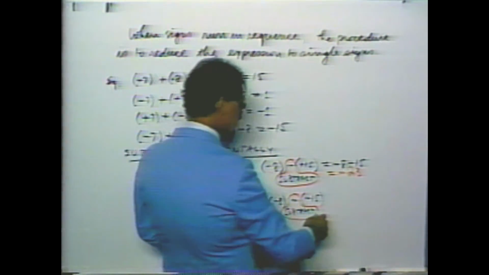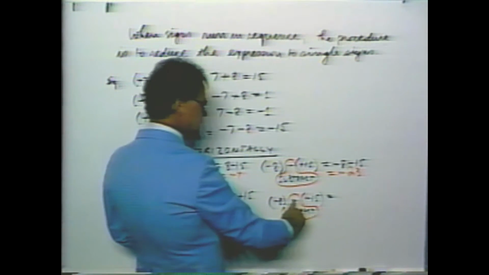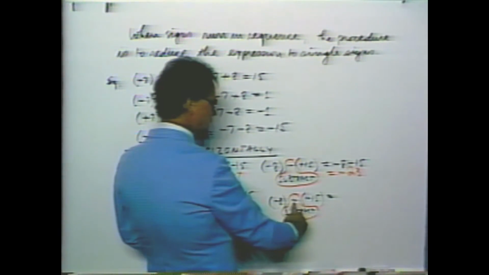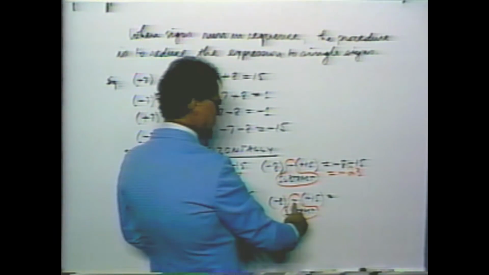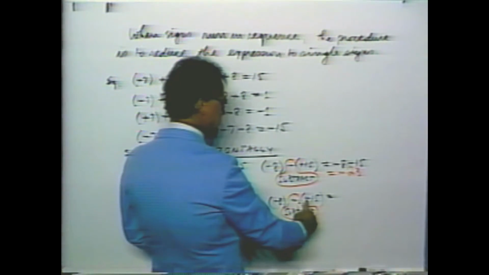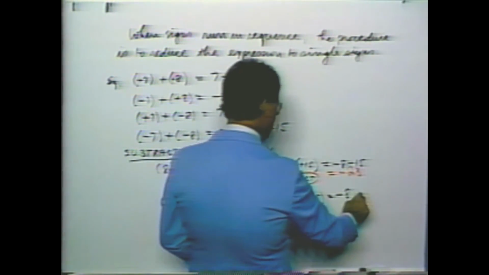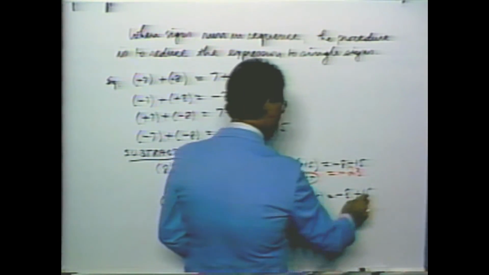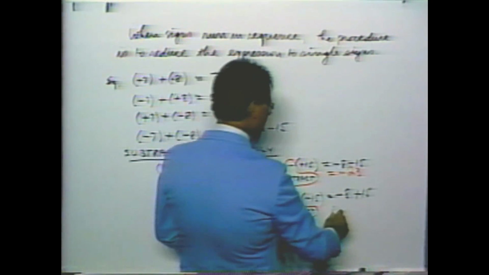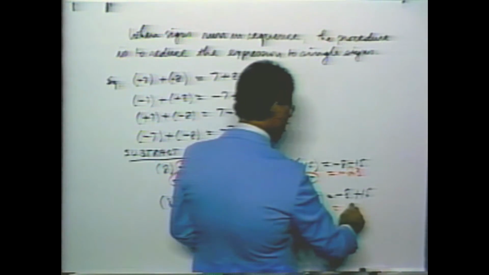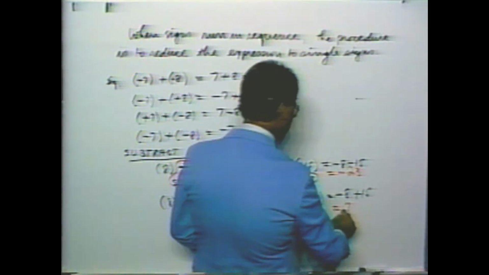In the final example, this is the operation indicating subtraction. This sign should change to its opposite, and we simplify this to minus 8 plus 15, and now we add, and the sum here is equal to plus 7. Next is multiplication.